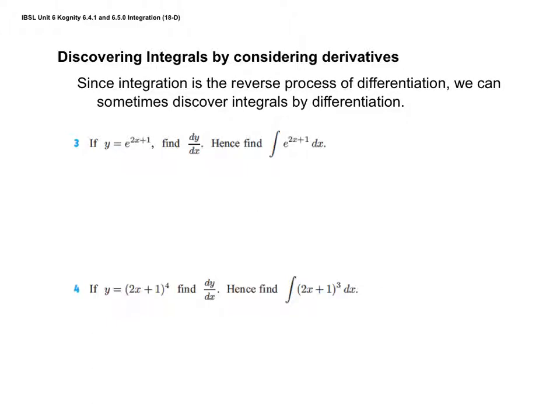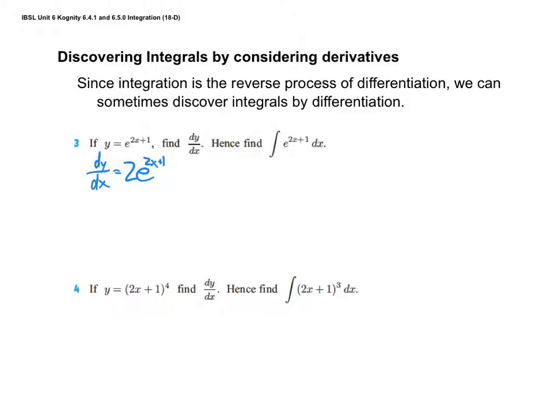Okay, so if I found dy dx for e to the 2x plus 1, what would that derivative equal? 2e to the 2x plus 1. That exponent stays the same, but then I multiply by the derivative of the exponent.